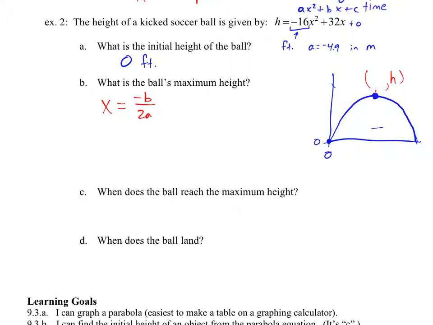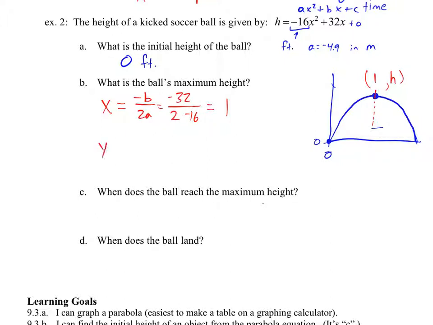That'll tell us the x value, or the axis of symmetry. So I have negative 32 over 2 times negative 16, which is another negative 32. So in other words, we get a 1, right? So at 1 second, this baby reaches its highest point.